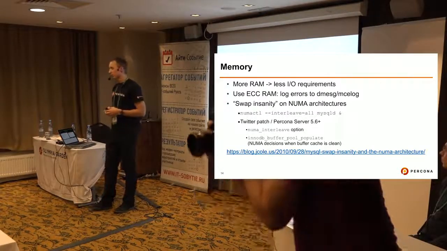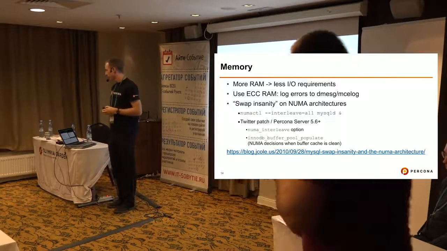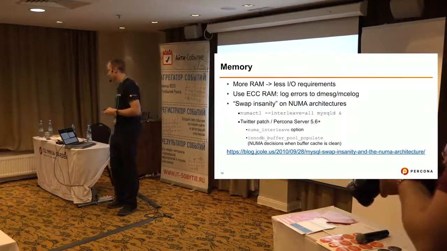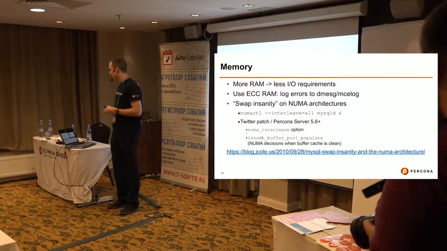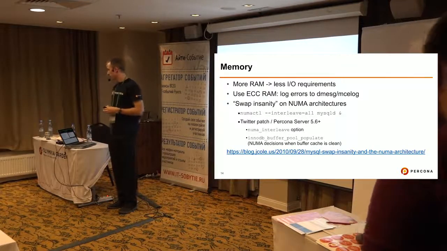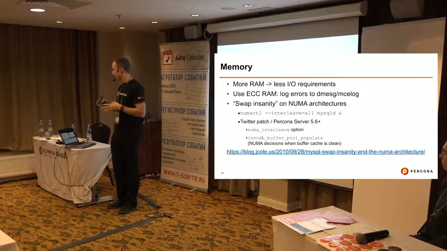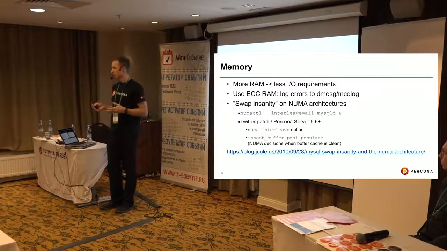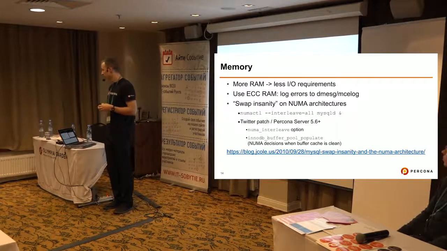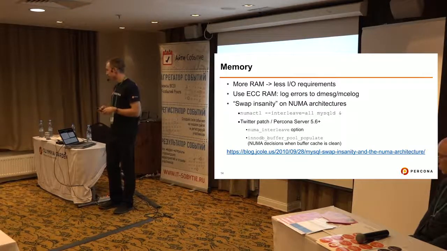For example, if you have like 64 gigs of RAM and an InnoDB buffer pool size of 48 gigs or more, then Linux will decide to swap some amount of memory, even though there is no real memory pressure, and this swapping can really be bad.